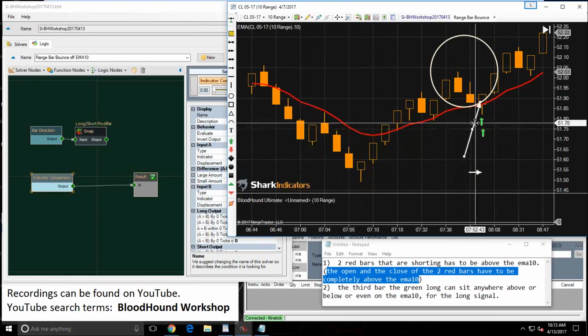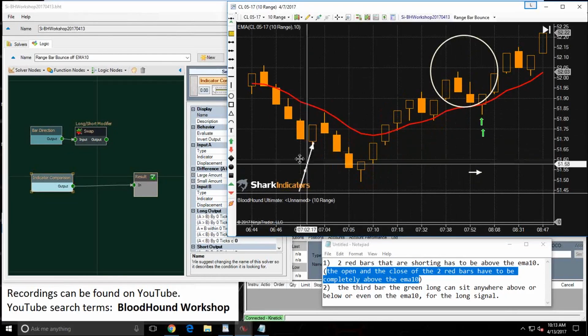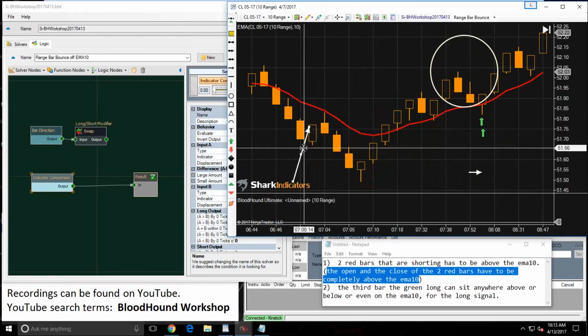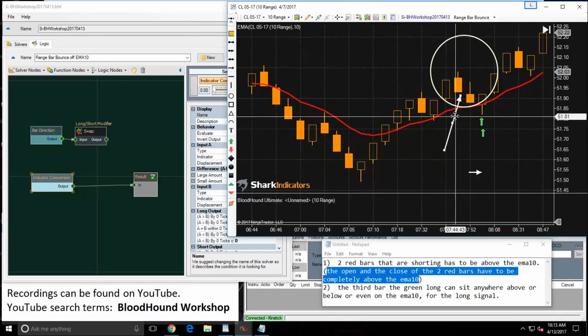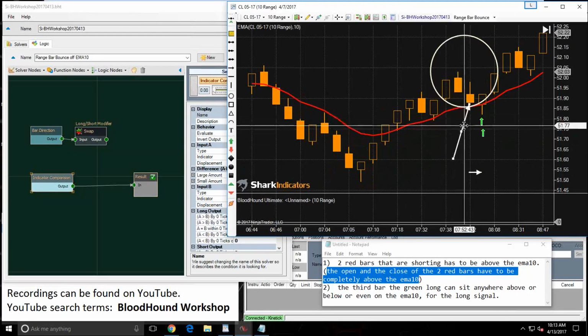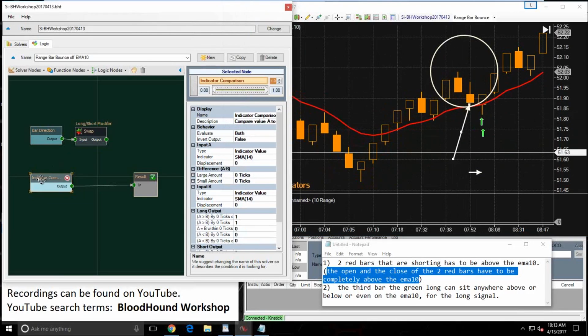So for a long bounce, we want to make sure that the low of the bar is above the EMA, and for a short bounce, we want to make sure that the high of the bar is below the EMA. All right, so let's start setting this up here.